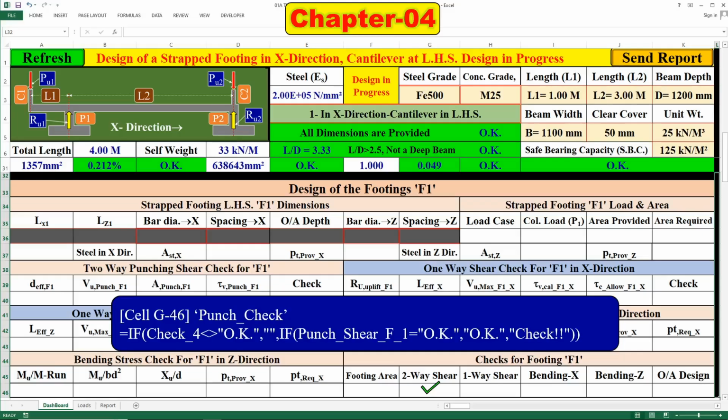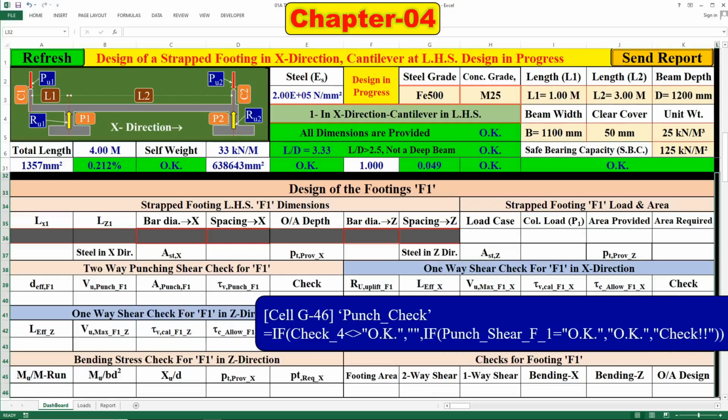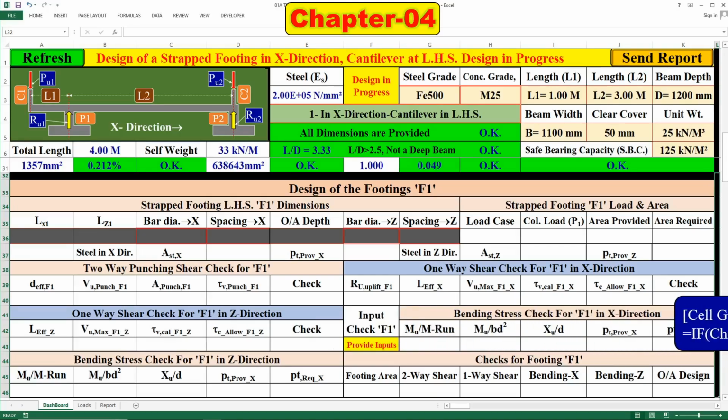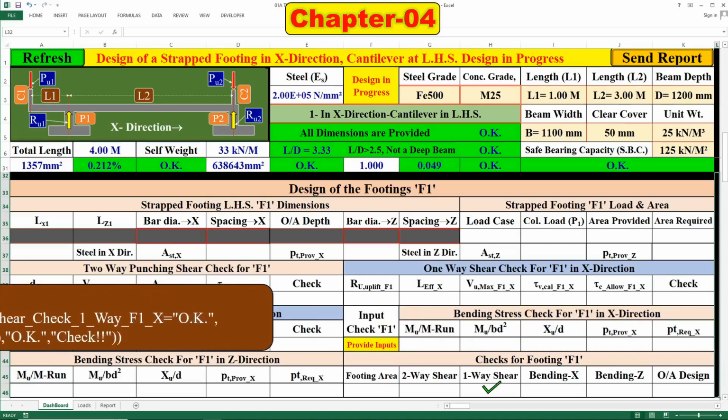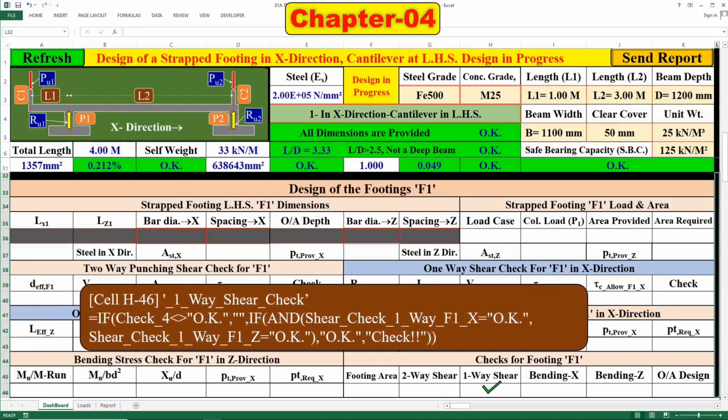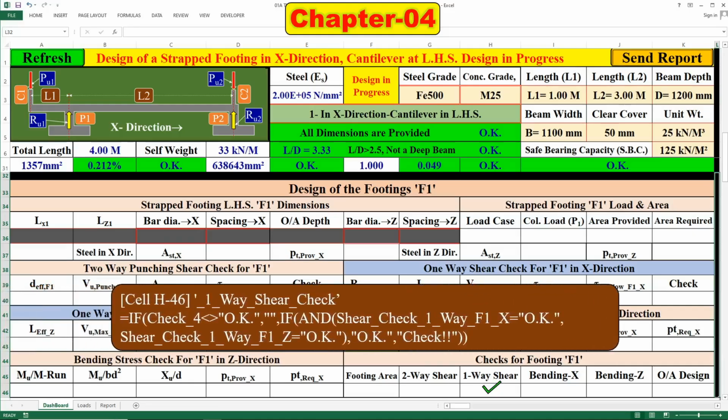Next it will check punch_shear_F_1. If it finds punch_shear_F_1 is OK, it will say OK, otherwise, it will say check.